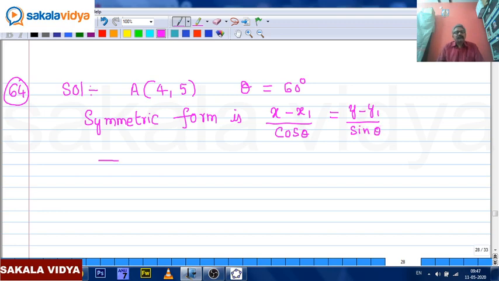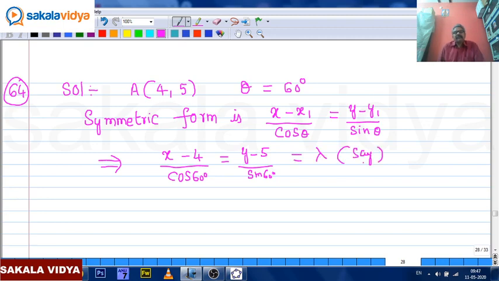Okay, substituting: x1 means 4, so x minus 4 by cos 60 equals y minus 5 by sin 60. Say lambda, because the answer is in terms of lambda. We can write x minus 4 equals lambda cos 60, equating these two.